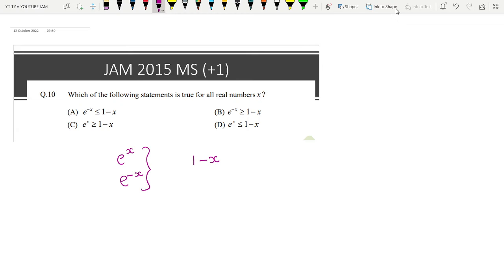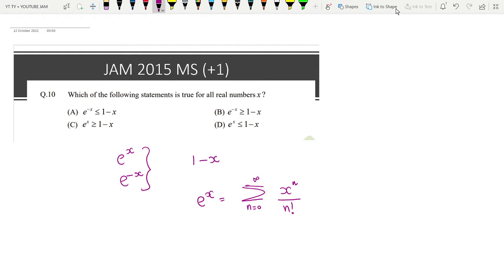One way of thinking is to go and think about the series representation of e raised to x and e raised to minus x. That is going to be the first thought that comes to your mind, because you know that e raised to x is the summation of x raised to n upon n factorial, n running from 0 to infinity.